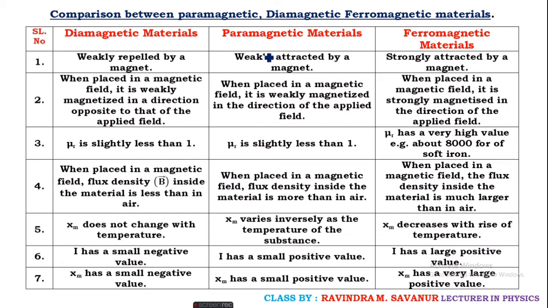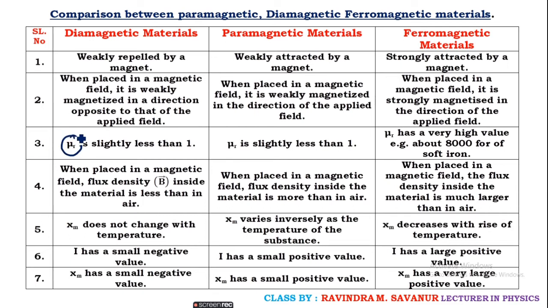In para it is weakly attracted, and in ferro it is strongly attracted. When placed in a magnetic field, diamagnetic material is weakly magnetized in a direction opposite to the applied field. In paramagnetic material, it is weakly magnetized in the direction of the applied field. Ferro is strongly magnetized in the direction of the applied field.